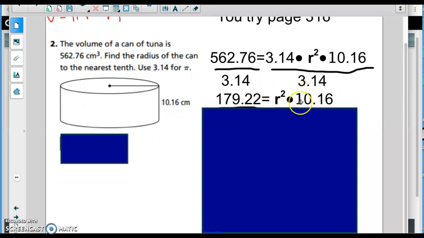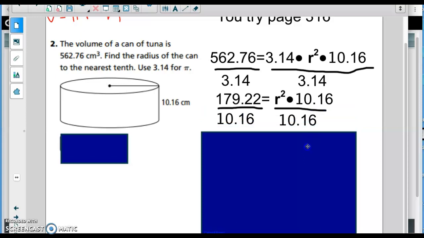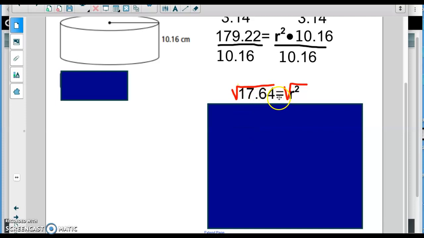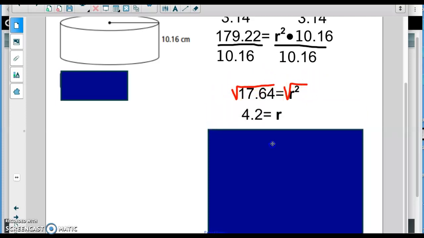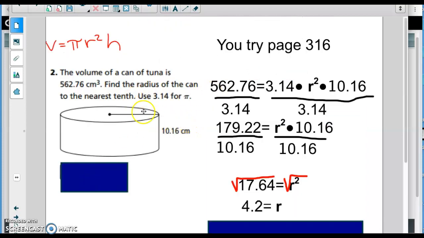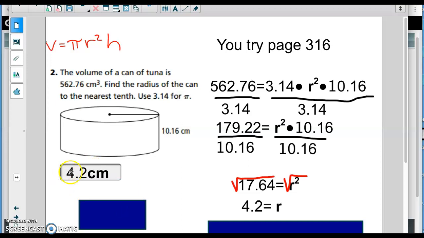Now what's over here with my r is a 10.16, so I have to divide now by that, and I get 17.64 equals r squared. Well, of course, I just want r alone, not r squared, so I take the square root of both sides, and I get about 4.2. So if I go back up here, it says rounded to the nearest tenth, so I'm going to do 4.2 centimeters in my final answer. Good luck with your assignment.